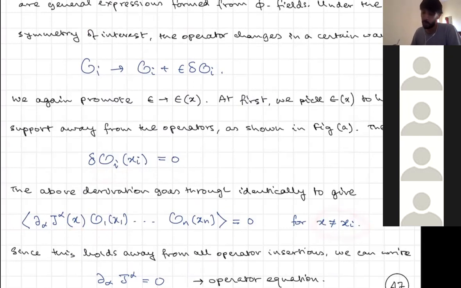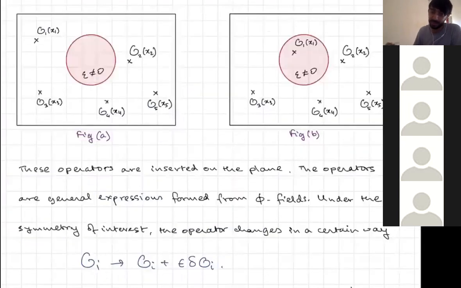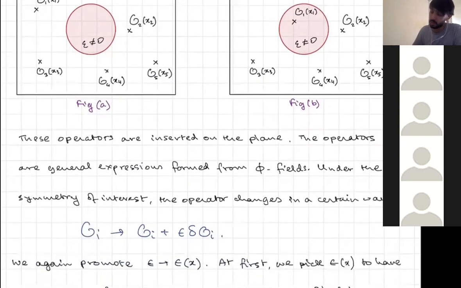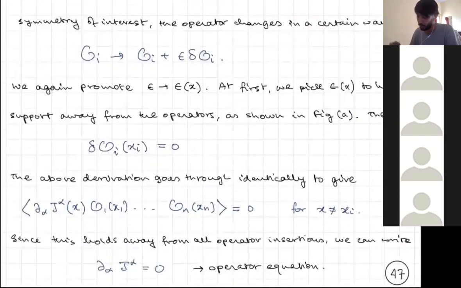Okay. So when you have taken epsilon to have support which is not coinciding with any of the insertion points, the algebra and everything, the math will just go through in an identical way.